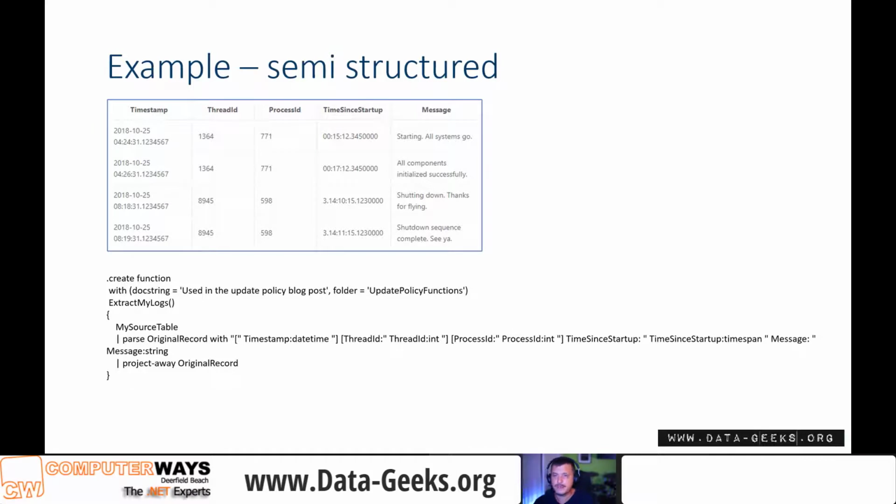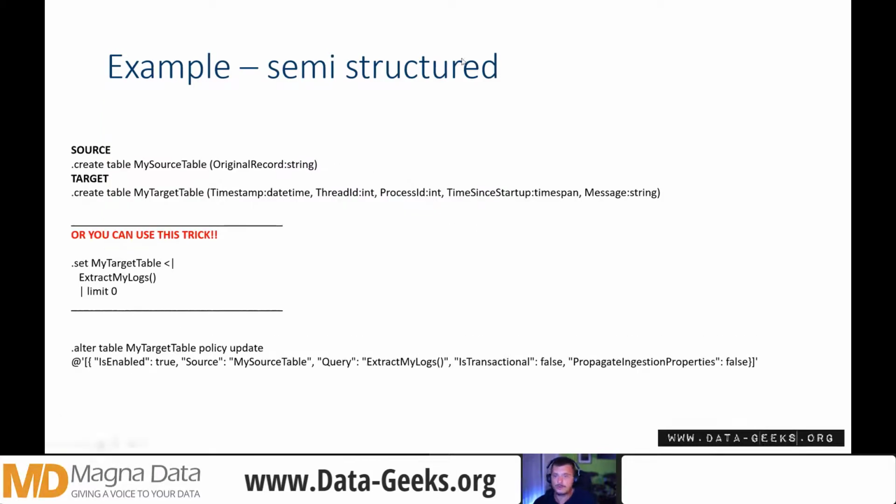Very good. And when you have tested this, you can put all the query into the function used for the update policy. And so if you create the original source table, you can create preemptively, or with the set command with limit 0, the target table. After that, you can activate the update policy.